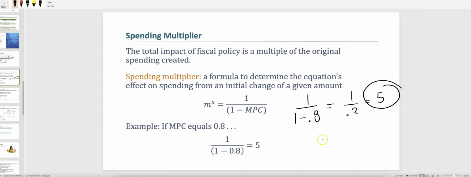So that means that every change in government spending of, let's say, $1 translates into GDP changing by $5. One of those dollars is the dollar that the government initially spent, and the rest is an increase from consumers spending that money, the $4.